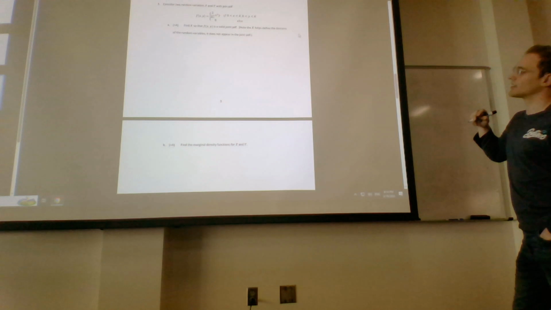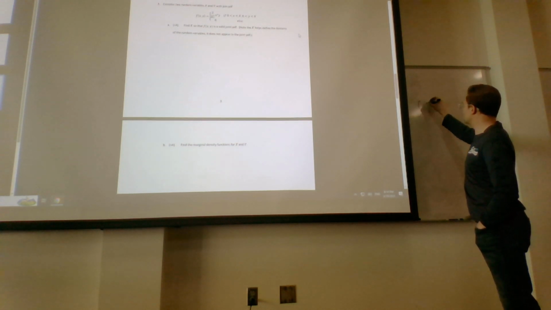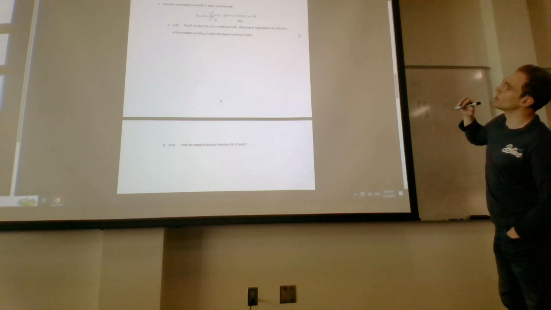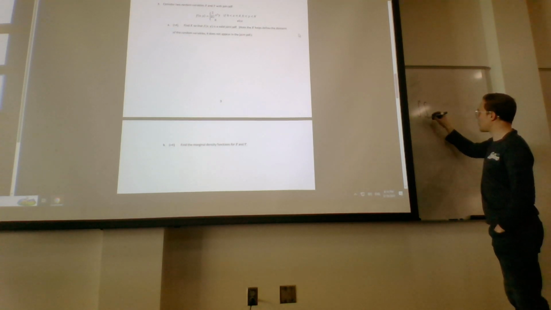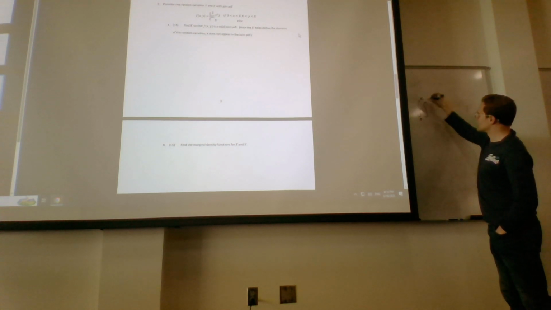I don't know if this is exactly what you said, but basically, yeah, you're going to take that double integral over the bounds of x and y, and the bounds of x and y are 0 to k, right?